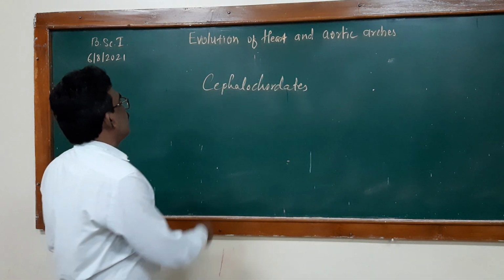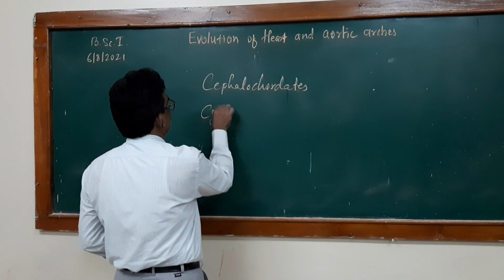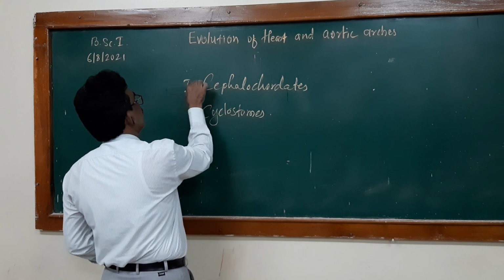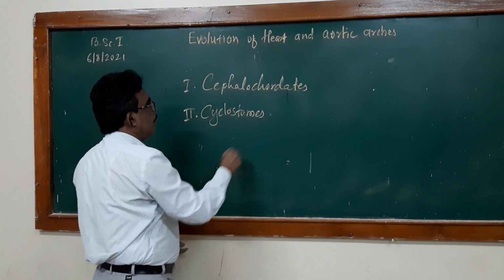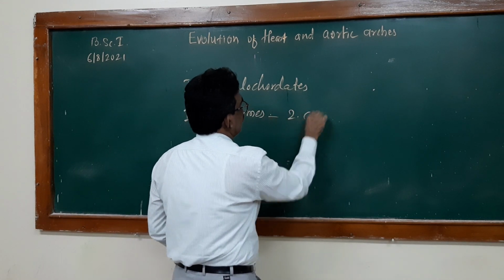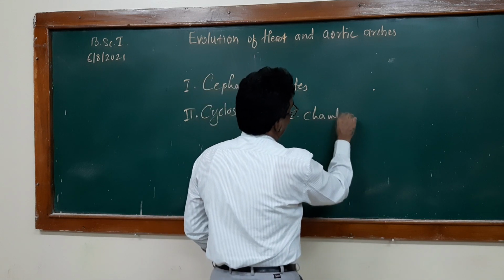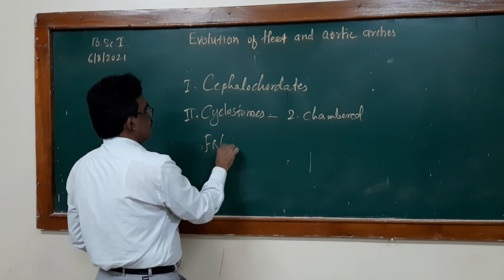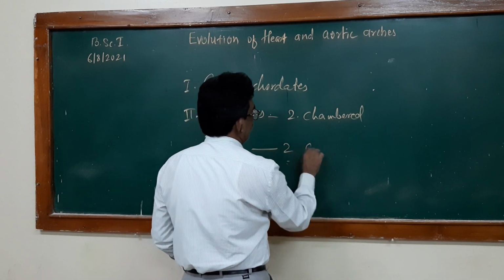Two chambered heart is found in cyclostomes, as well as the fishes, which also show the two chambered heart.